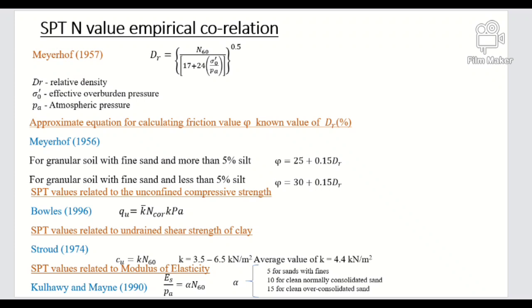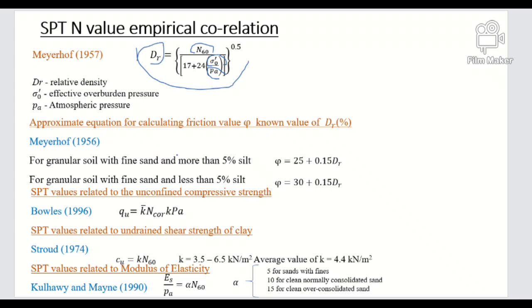We can see this empirical formula here for relative density. The N60 energy ratio is taken, and as per depth we take the effective overburden and also the atmospheric pressure, put them here, and determine the relative density.